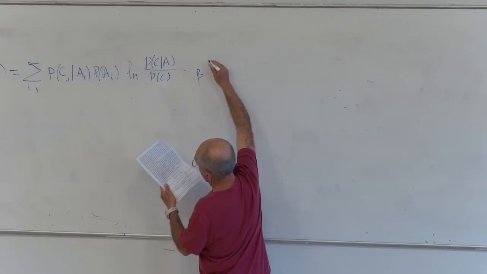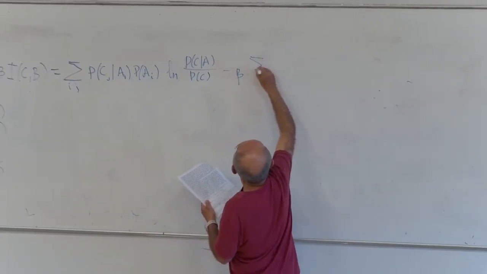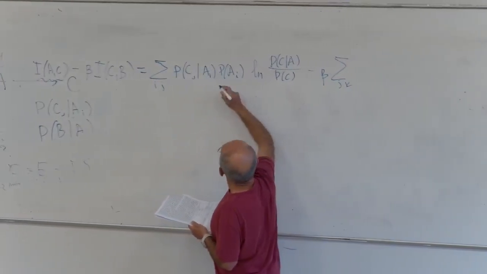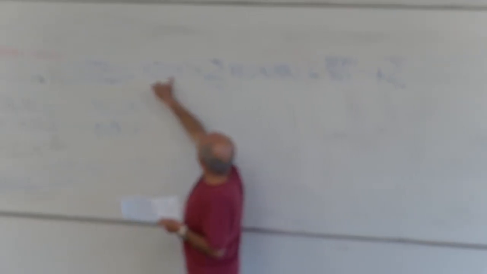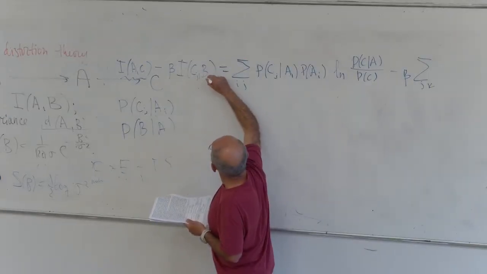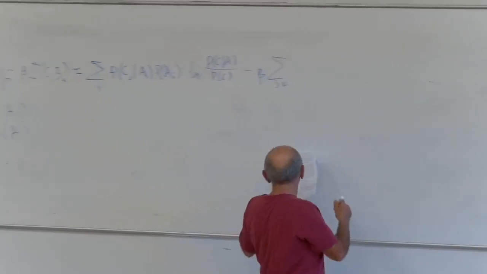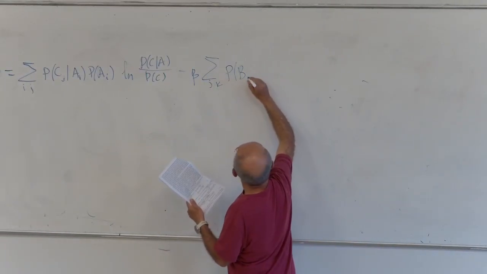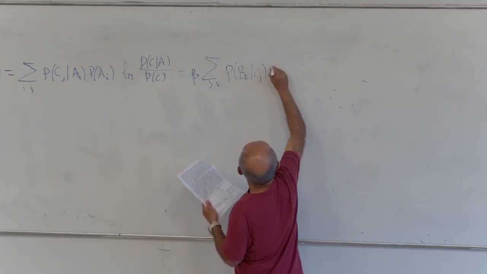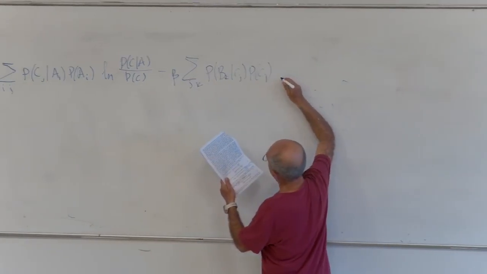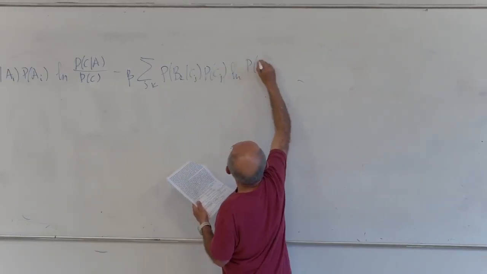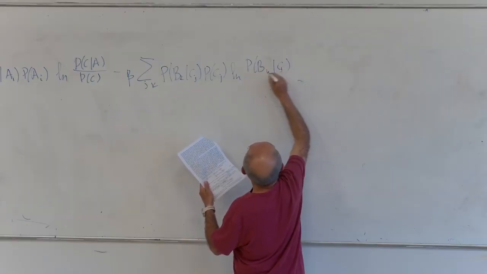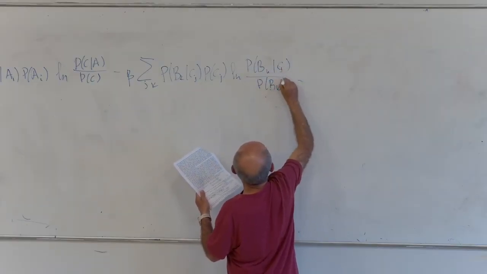And what stands here is now the sum over j and k. j's are about C, right? So this would be C and B, so it will be C_j, B_k, okay? And so it will be P of B_k, C_j, P of C_j, and the same logarithm, but now the logarithm of P of B_k and C_j over P of B_k.